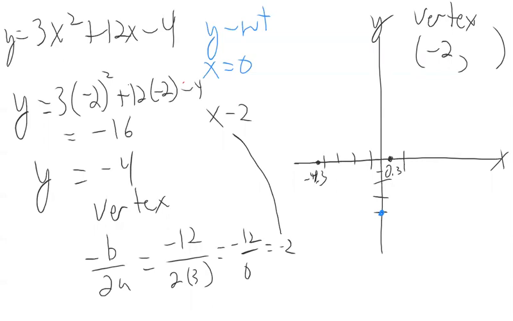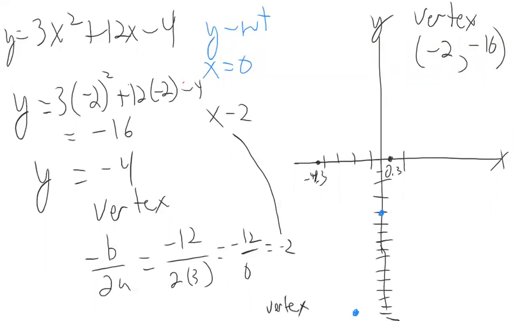So negative 16 goes there: 1, 2, 3, 4, 5, 6, 7, 8, 9, 10, 11, 12, 13, 14, 15, 16. Way down here. It's a -2, down 16. So my point way down here is my vertex.